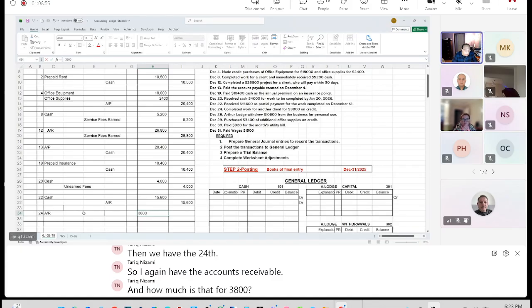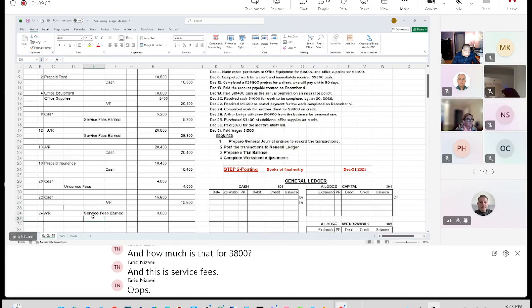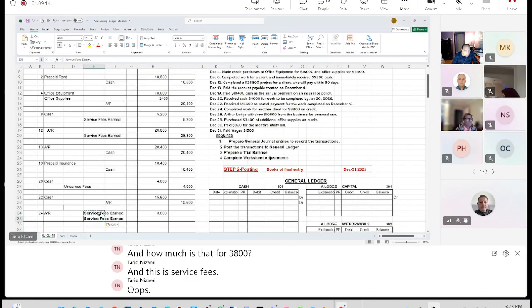And this is service fees. Service fees earned 3,800.